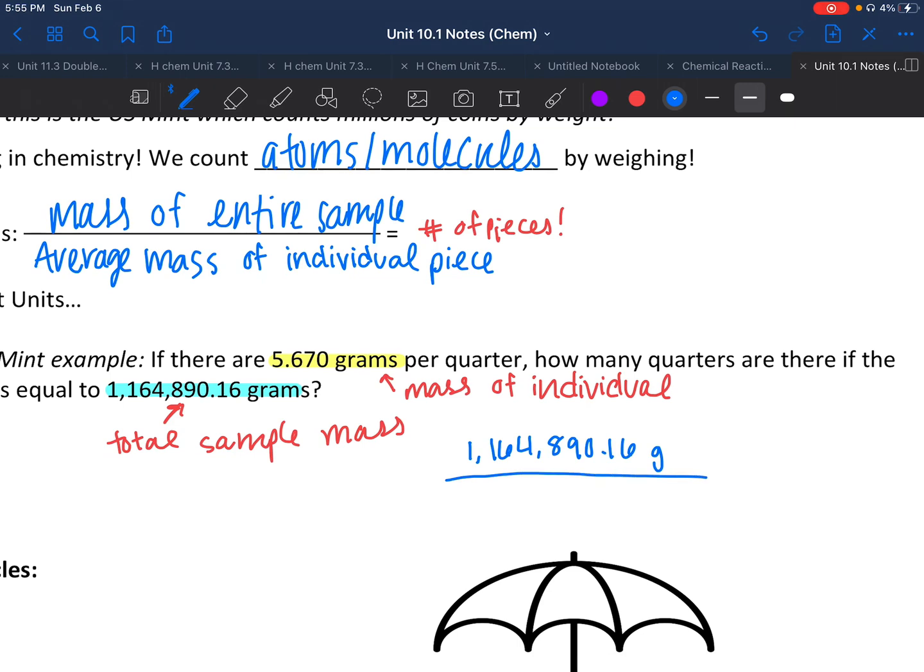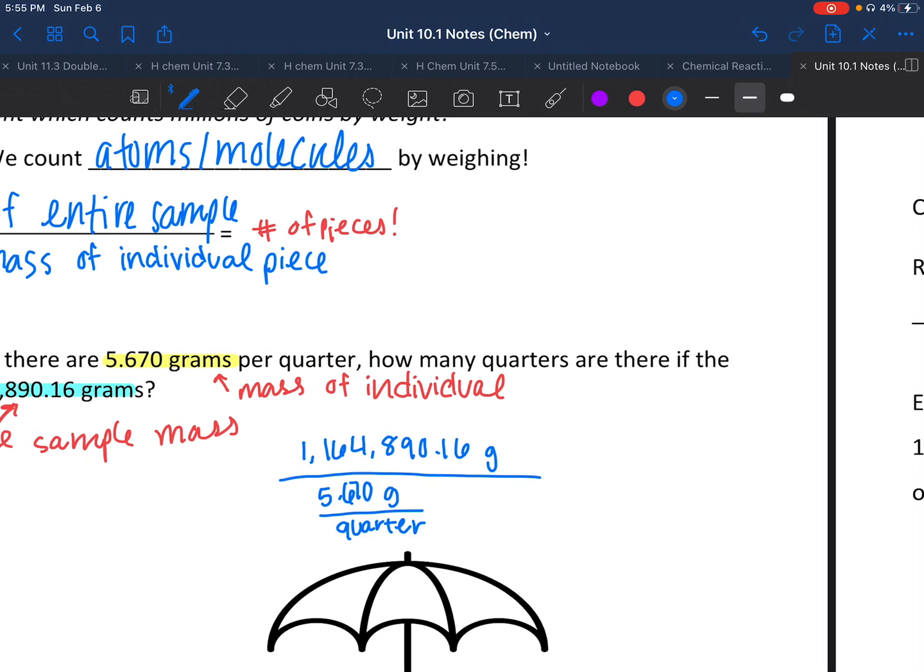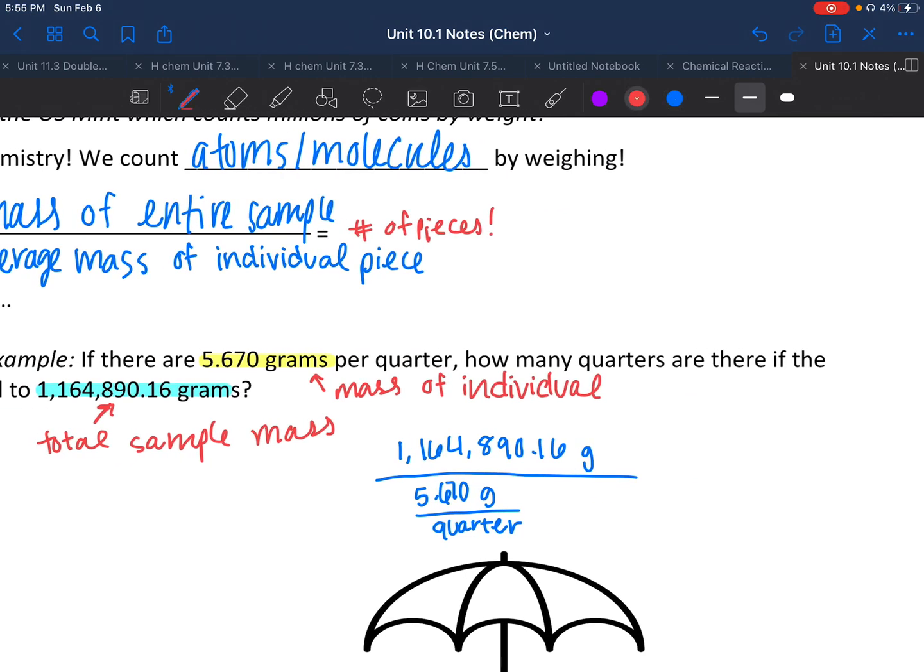And so we are told that it's 5.670 grams, and I'm going to put it over another per quarter, right? So this is the proper way to write our units here. And so what we end up getting should be how many quarters we have. In our case, that would give us 205,448. So you can see how nice it is to have this application of counting by mass because it's just saved us so much time.